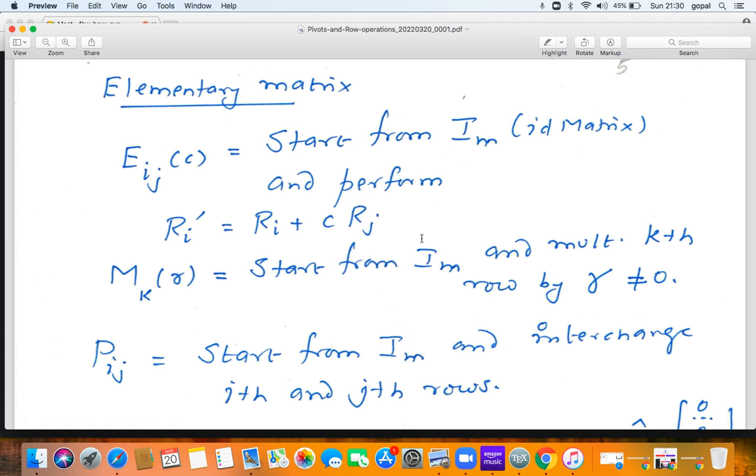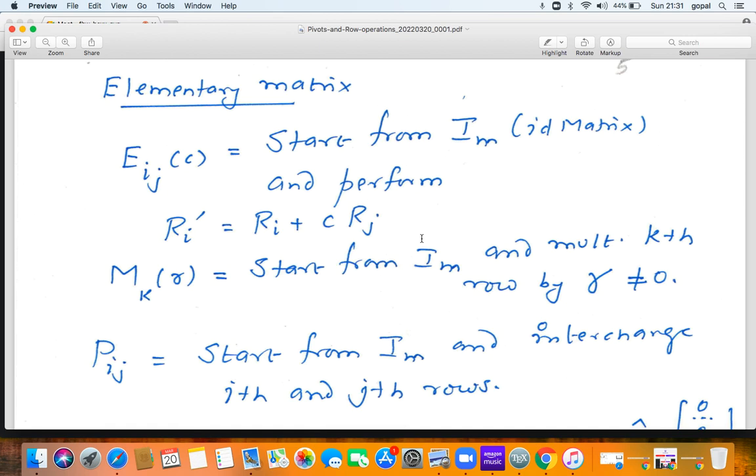Exercise: take m equal to 4. Take 4 by 4 matrices and write down the elementary 4 by 4 matrices. For example, take i equal to 1, j equal to 2: start with a 4 by 4 identity matrix and write down E_12(c).